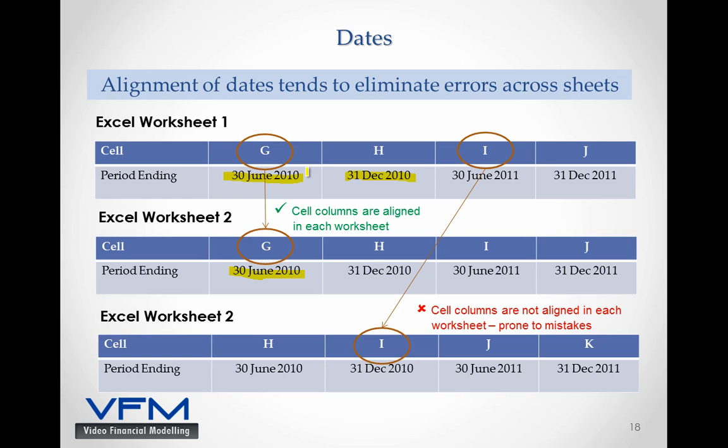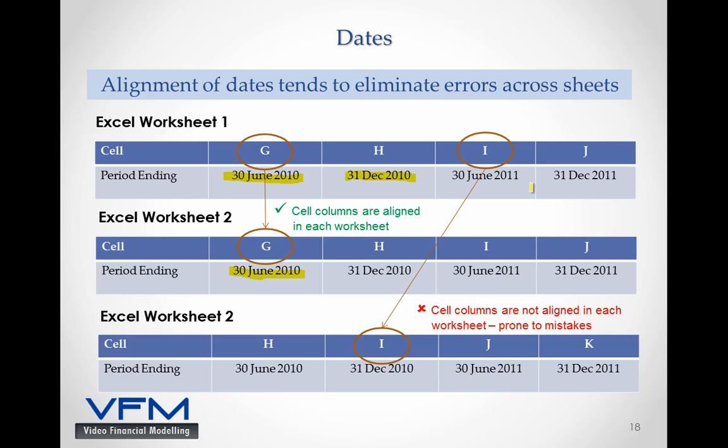So when you're saying equal to a row, this is going to make it very simple. They're just going to pick up the column G and say, okay, this Excel worksheet 2 is going to be equal to the period ending row for Excel worksheet 1.